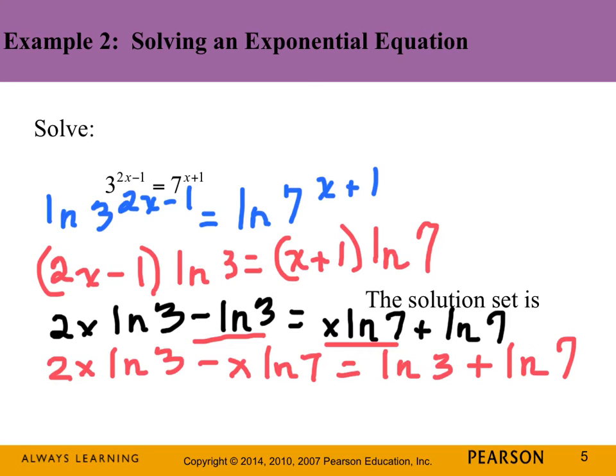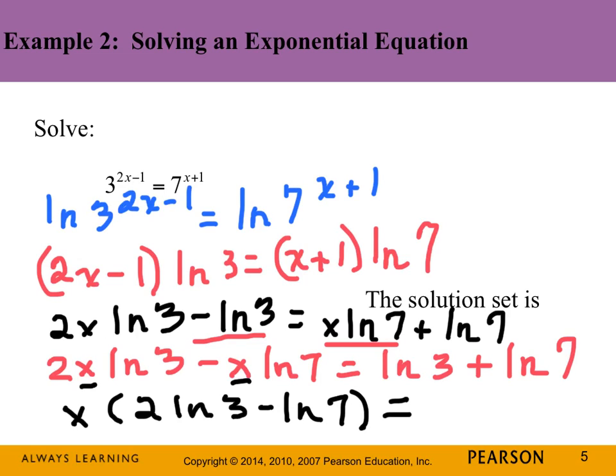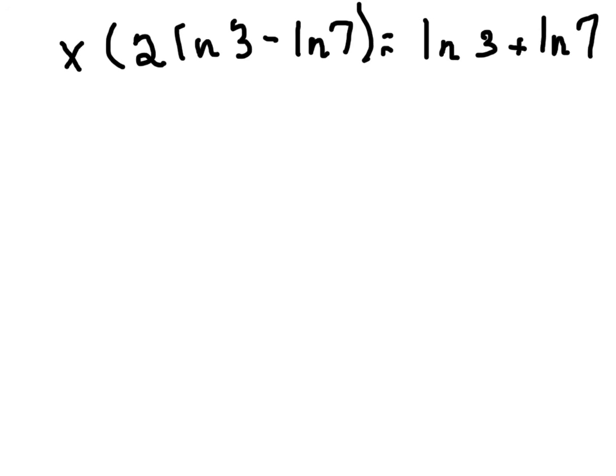Next, we're going to factor out the x on the left-hand side. So we'll have x times the quantity 2 times the natural log of 3 minus natural log of 7 equals natural log of 3 plus natural log of 7. Okay, we're getting close to the end.